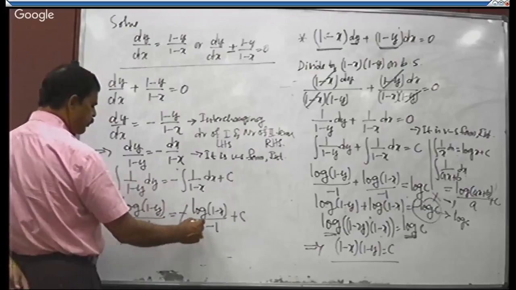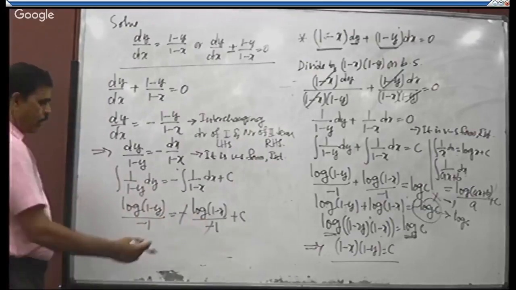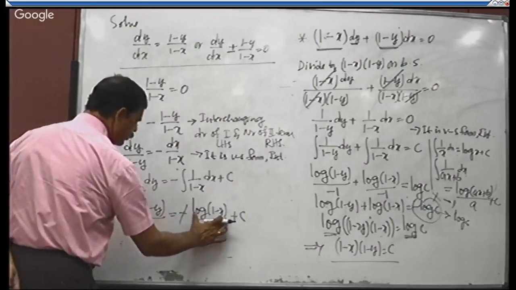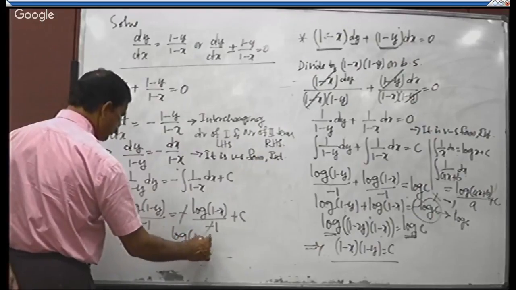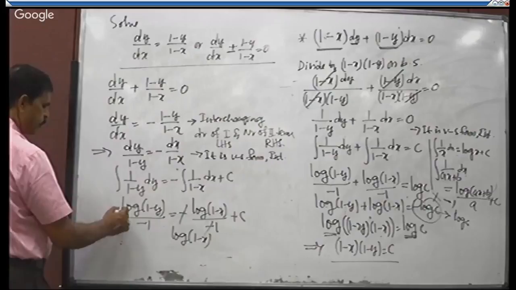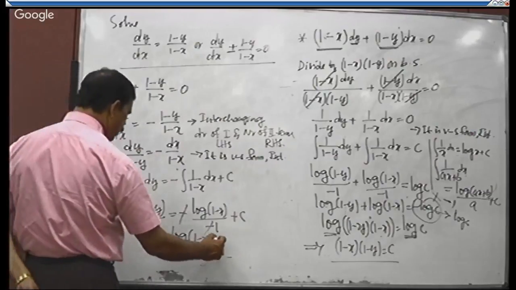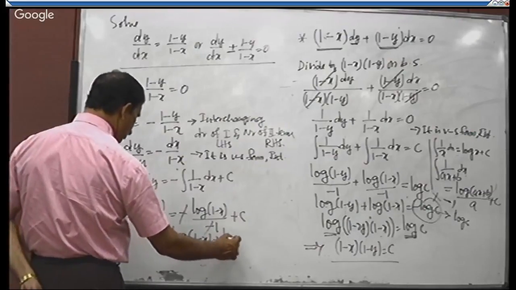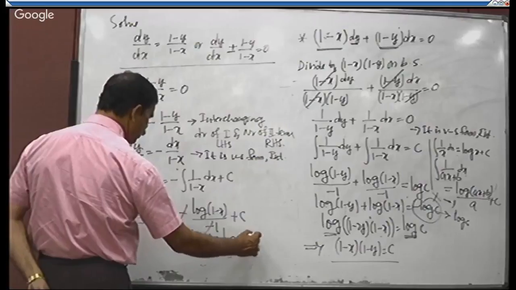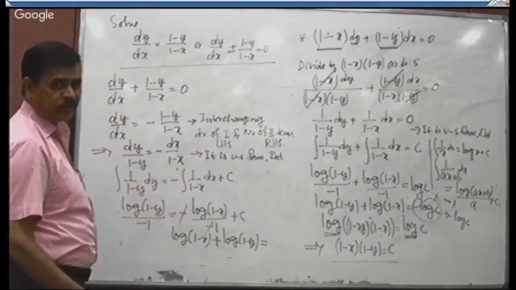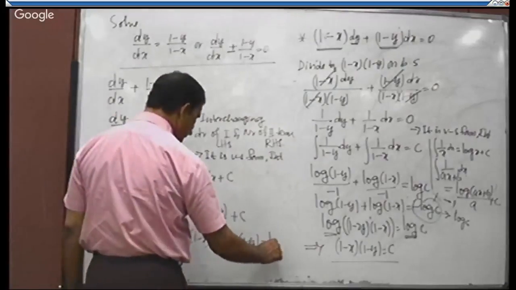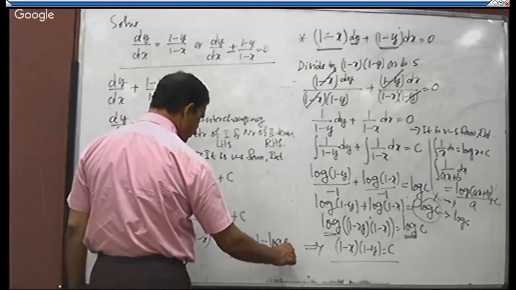So this minus cancels. Here only log of (1 - x) remains. This is minus; when it is taken to the right side, it becomes plus log of (1 - y) is equal to minus c. Minus c, I will take it as log c.